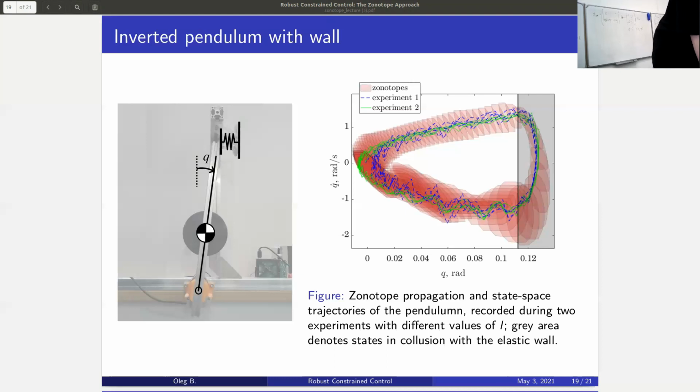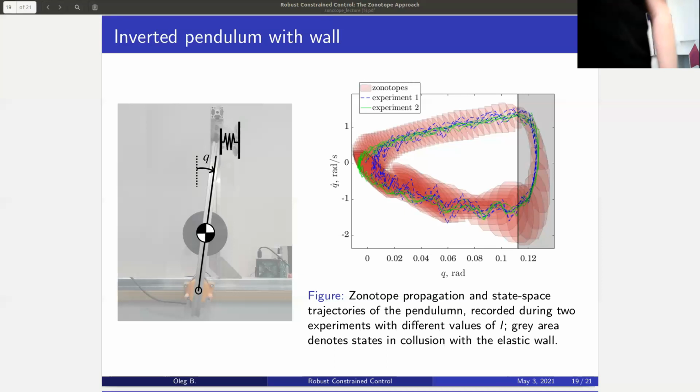Just for the students, you understand that there was no motor in the elbow joint, right? So I was just trying to balance. The same approach, the same control worked in the previous situation. The system was without additional mass. Here we put additional mass, and the same control works.